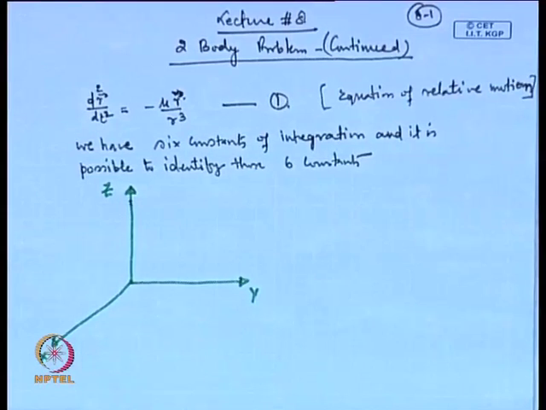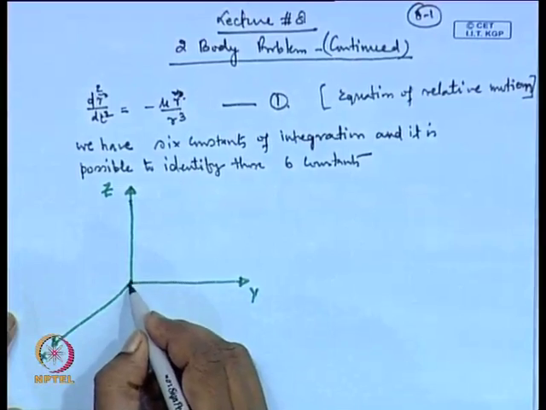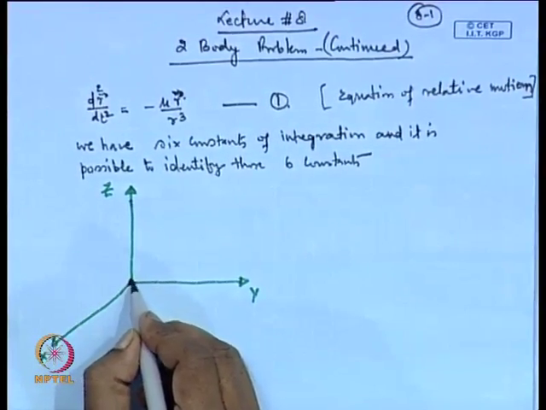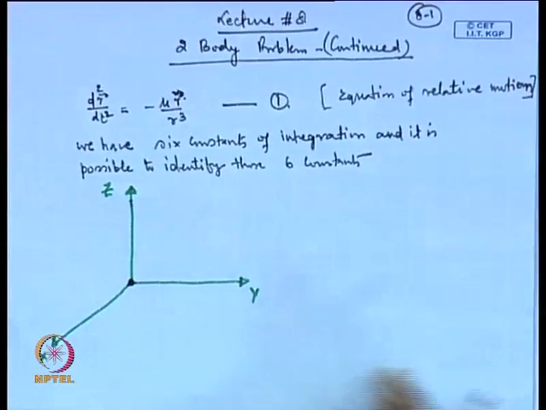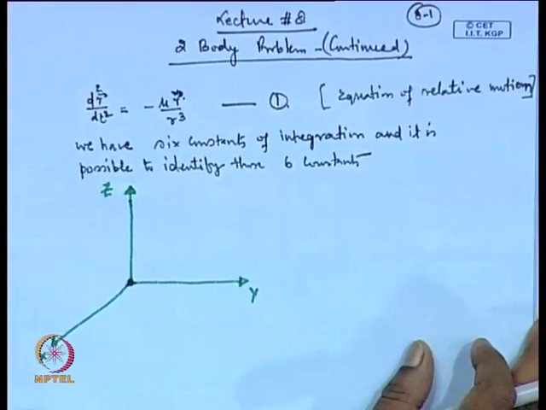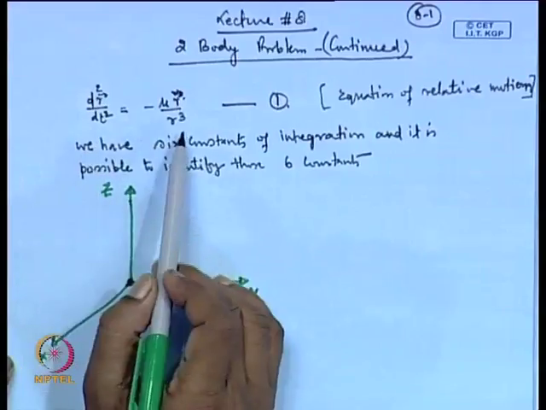Suppose this x, y, z is the inertial reference frame. As we saw last time, when considering the relative motion, one of the heavier masses can be taken as the center about which we fix an inertial reference frame, because the whole equation turned out in this way.